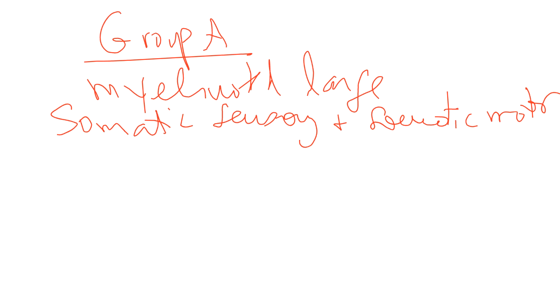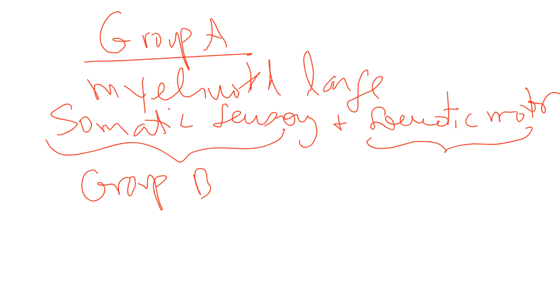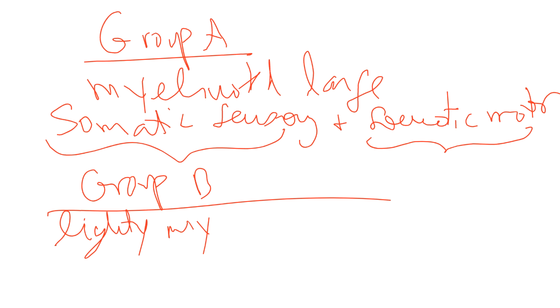And you should know what kinds of receptors are involved and what kind of effectors are involved that have group A neurons. Then we have group B neurons, which were lightly myelinated, medium in size, and these were visceral sensory and autonomic motor.